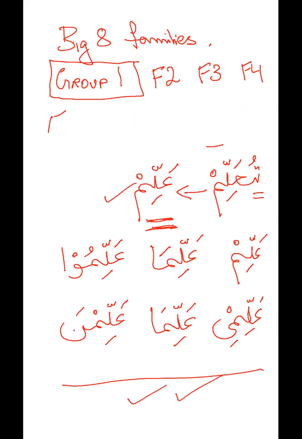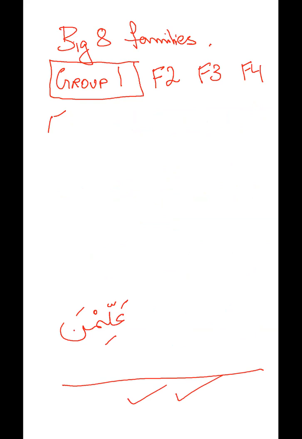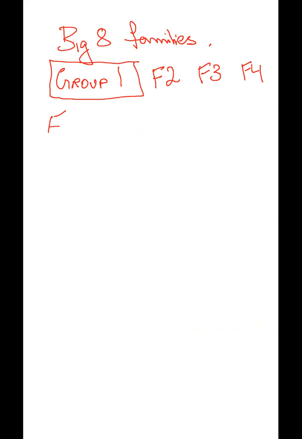Now we will do family 3. What is family 3? Jahada, yujahidu. Please learn the masters, the active past tense, and the present tenses of all the families. You will find it loads easier to do all the stuff that we're doing. So jahada, yujahidu.